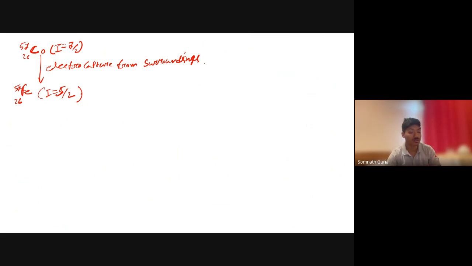We can write this in terms of energy. Iron 57 with I equals 5 by 2 loses its energy to reach I equals 3 by 2, also iron 57.